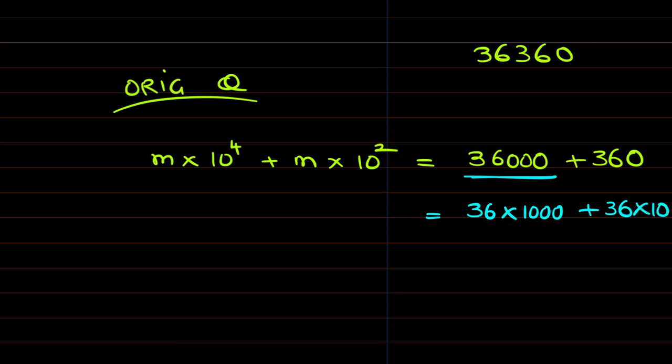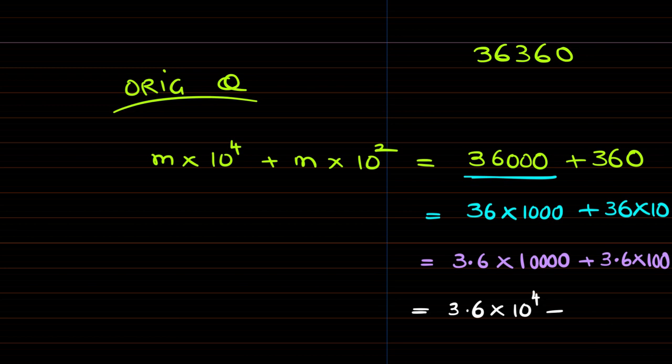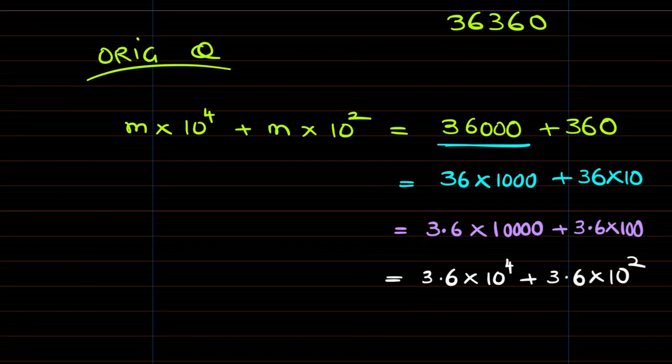Now, can I further write this thing as 3.6 into 1 multiplying with 4 zeros, which is 10,000, and this is 3.6 multiplying with 100? Yes, I can. So now let me write it further. This is 3.6 into 10 raised to power of 4. This is 3.6 into 10 raised to power of 2.